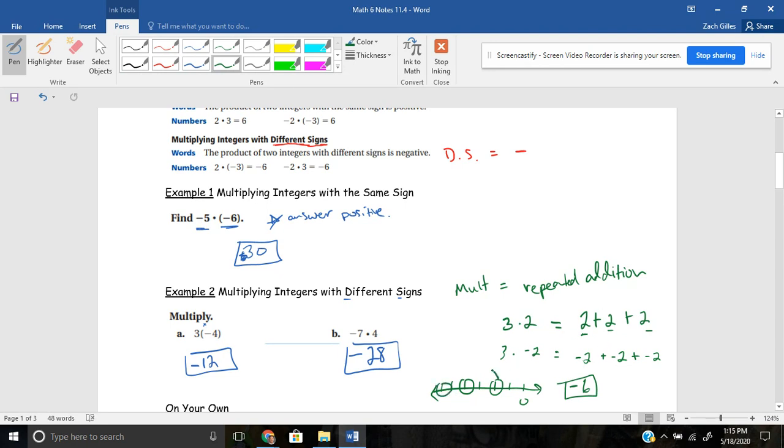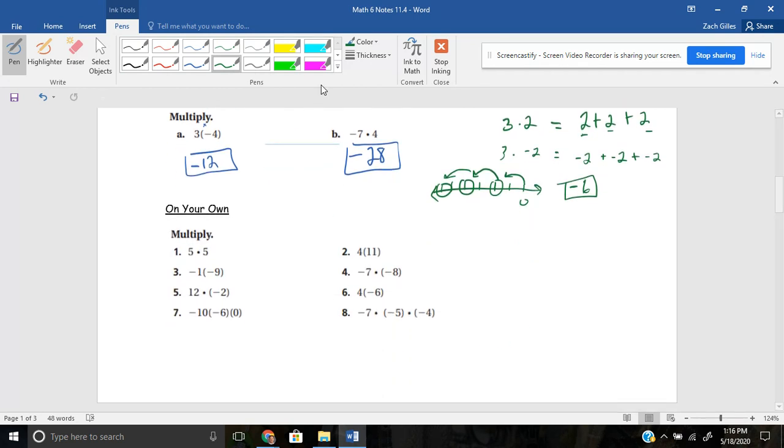You're getting more negative as you add more negatives. So that's the reasoning behind why when you multiply integers with different signs, you get a negative answer. Because remember, multiplication is just repeated addition.